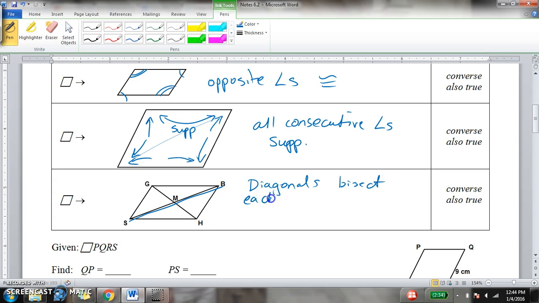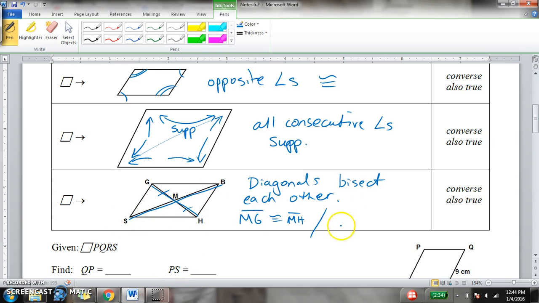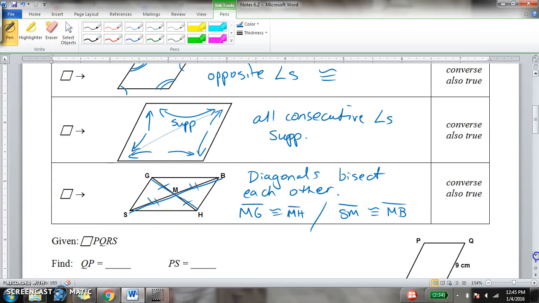So each one of these, SB and GH, is cutting the other one in half, which means that MG would be congruent to MH, and also SM would be congruent to MB. So this piece is congruent to this piece, and this piece is congruent to this piece. The diagonals cut each other in half.